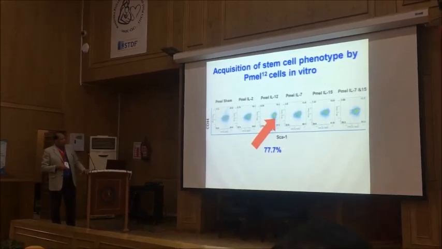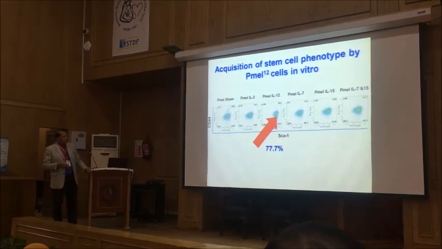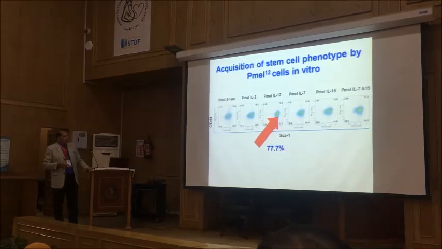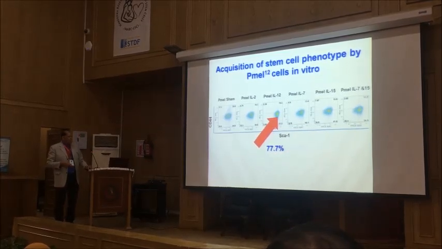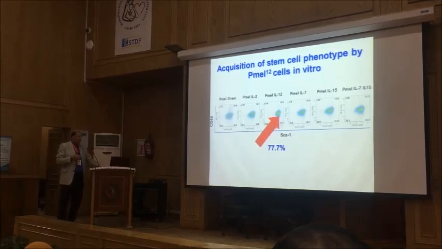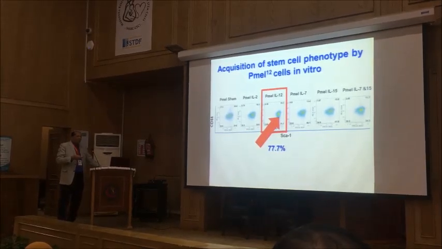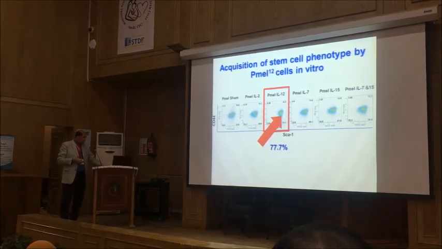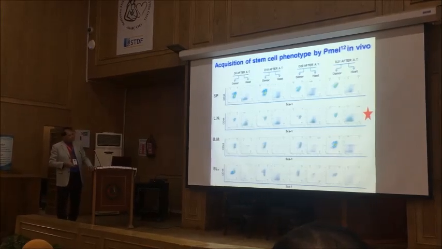And we looked at SCA1 and CD44, in mice of course, and we found these cells with stem cell phenotype express 77% of SCA1. Other conditions also expressed it, but this was very high as compared to other conditions.